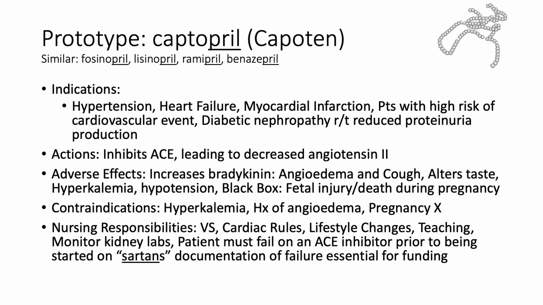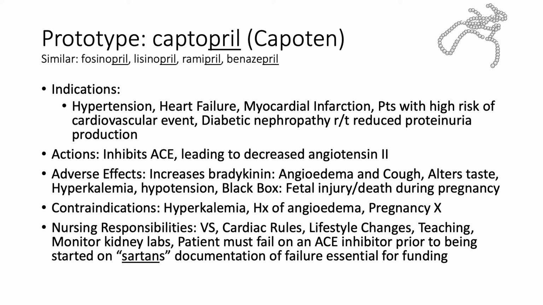And notice that they all end in pril. Okay? So this blocks angiotensin 1 from becoming angiotensin 2. So that's what this drug is blocking, the enzyme that typically does that.